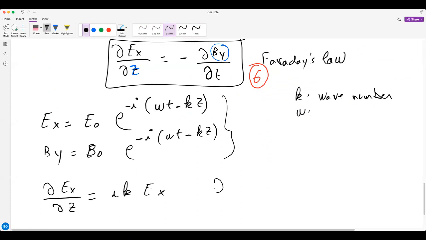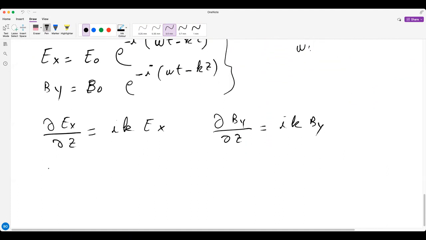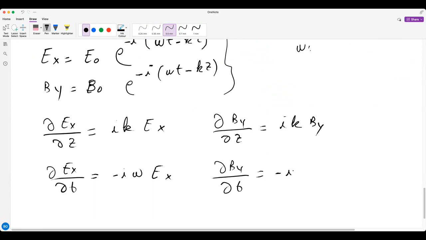The same thing, the derivative of By with respect to z will be also ik By. And the derivative of Ex with respect to time will be minus i omega Ex, right? And the derivative of By with respect to time will be minus i omega By.